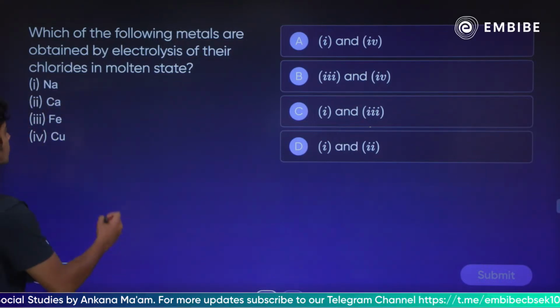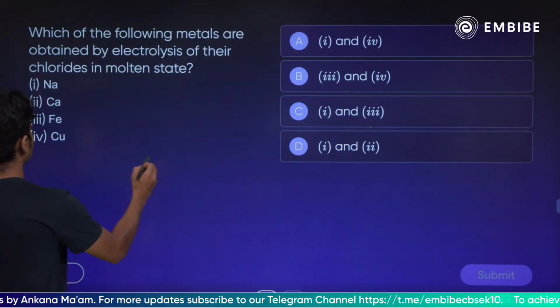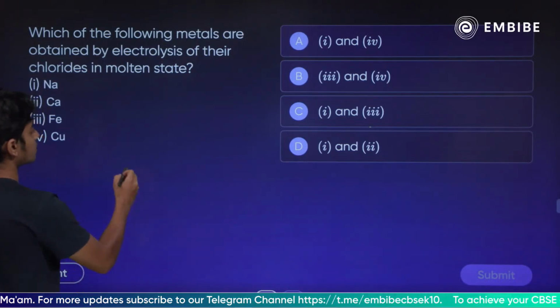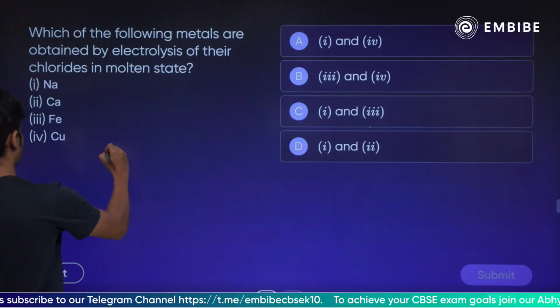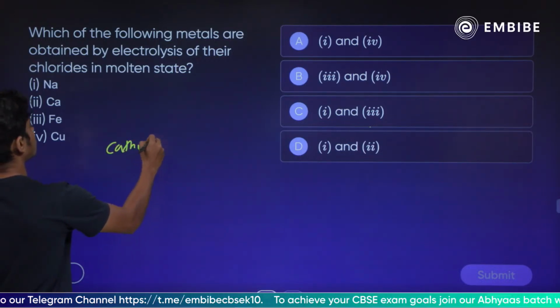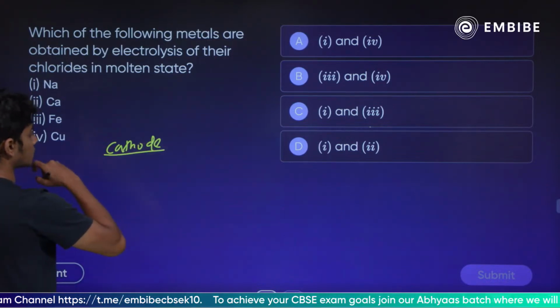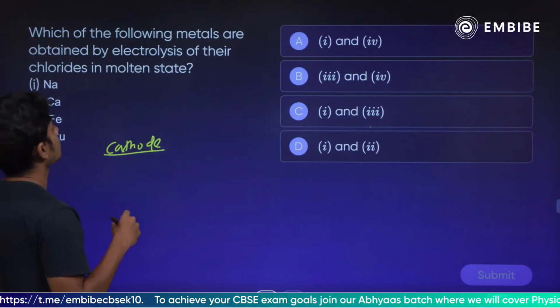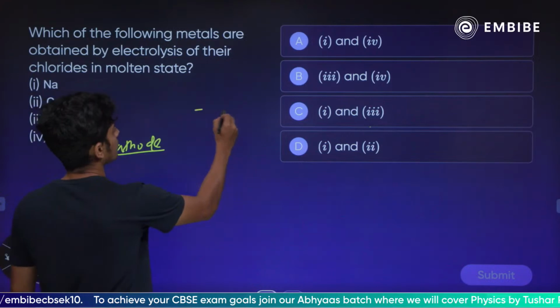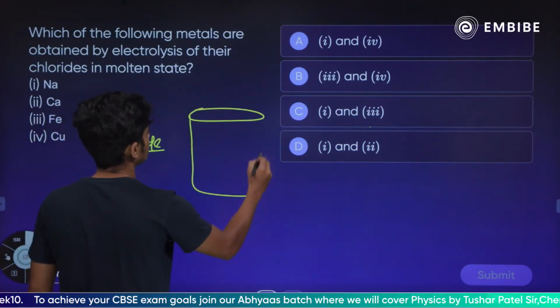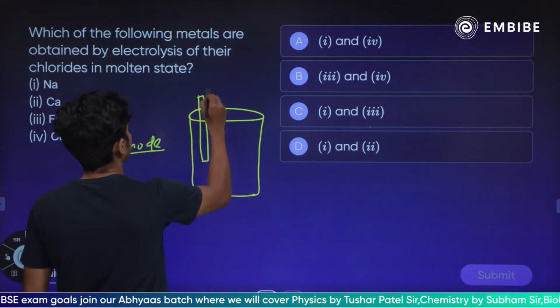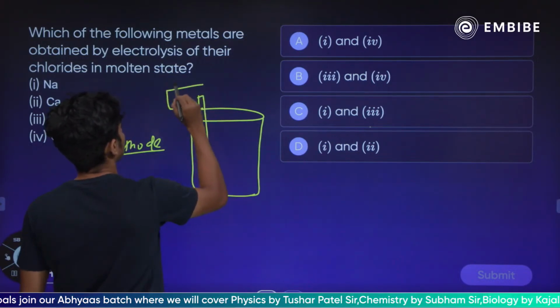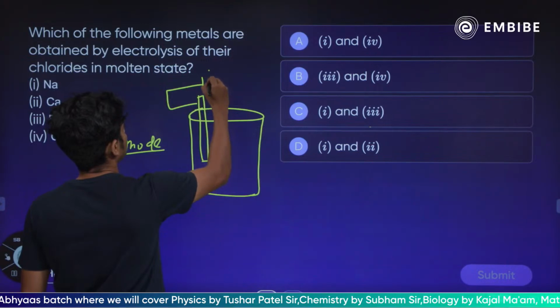So if you take an electrolytic cell, you take 2 electrodes, negative and positive.